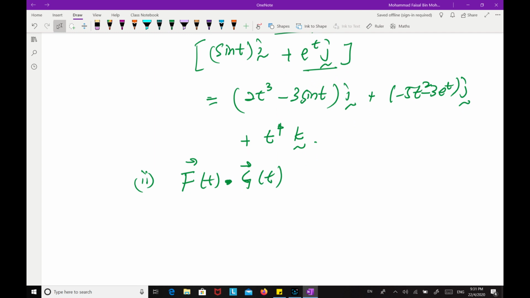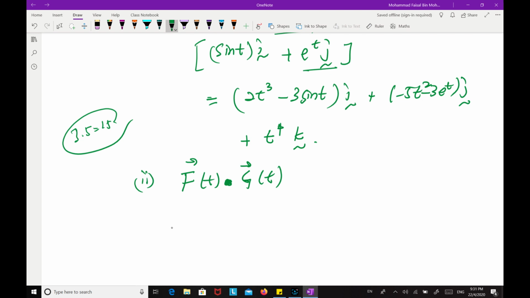So usually we put a big dot to represent the vector multiplication and a small dot for a scalar multiplication, the normal one, like 3 times 5 is 15. This is the normal one, and this is the big one, just to indicate the difference.